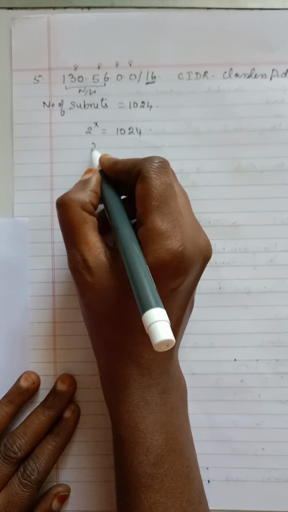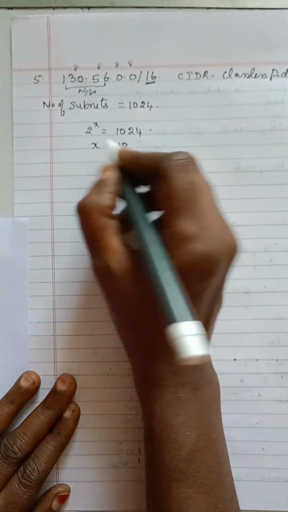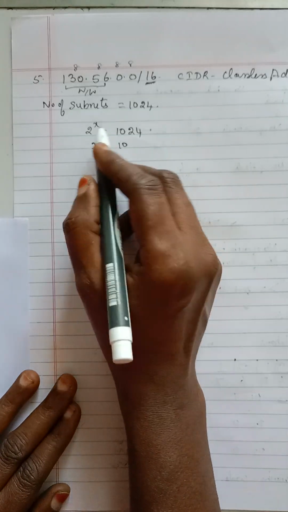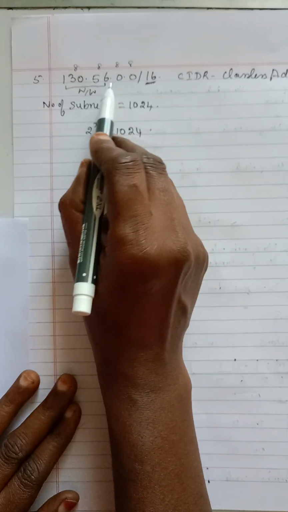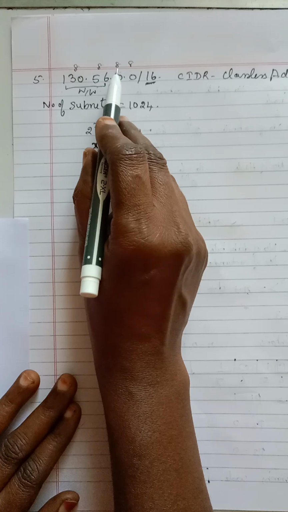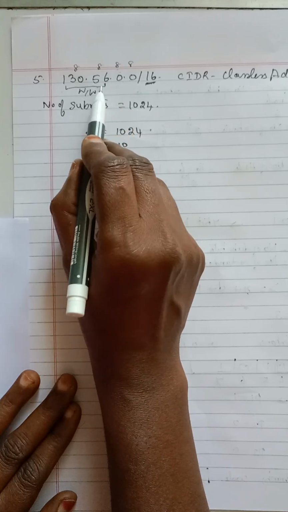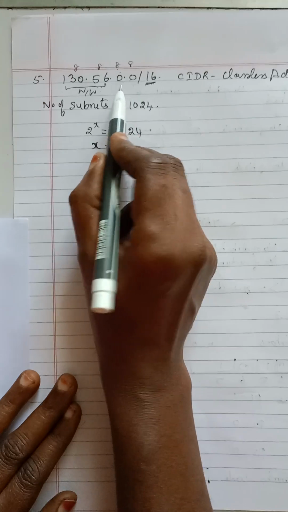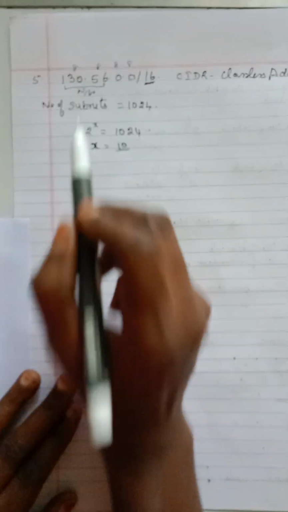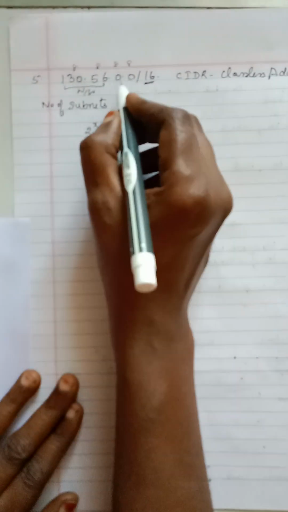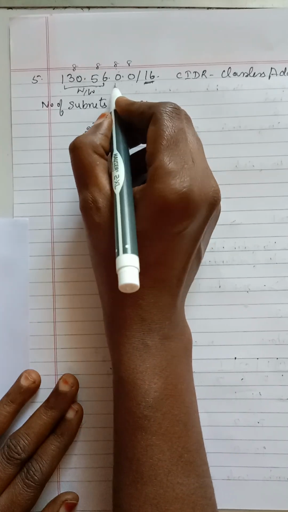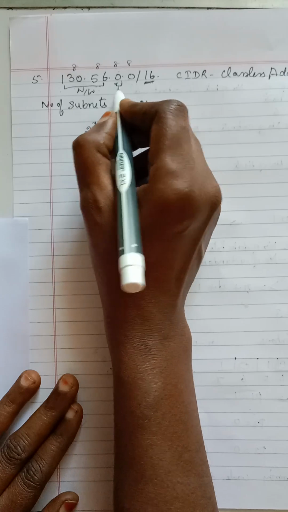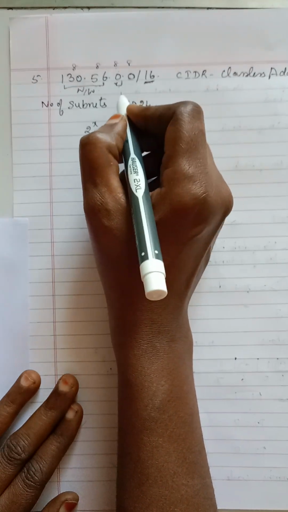So x will be 10. So 2 power 10 is 1024, right? So x will be 10. x is the number of bits that is borrowed from the host. So host we have only 16 bits, right? Because network is 16, as given. So host is 16 bits only. So from 16 bits, 10 bits are given for the subnets. So if 10 bits are given, then this one fully is a subnet, and from here 2 bits are used.